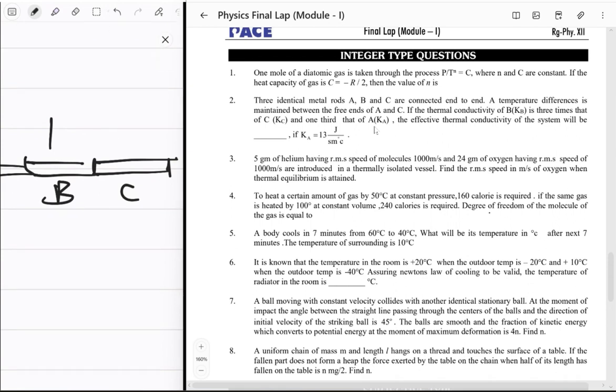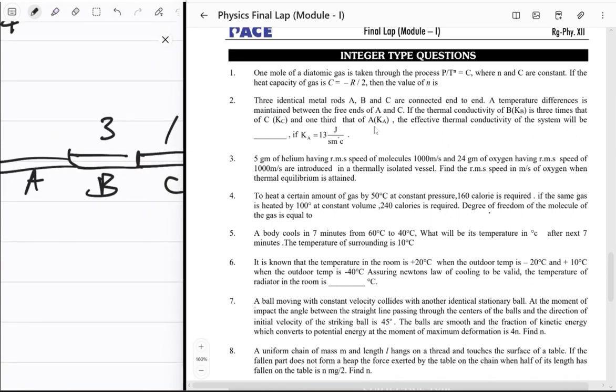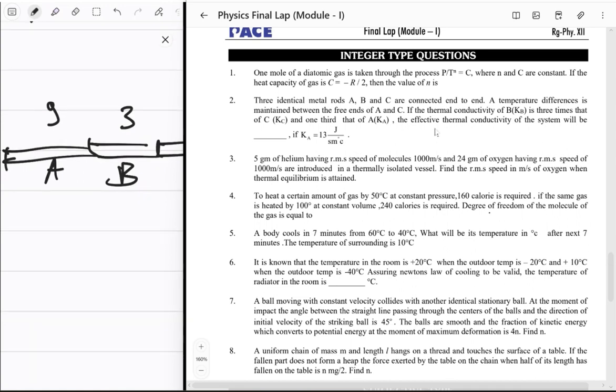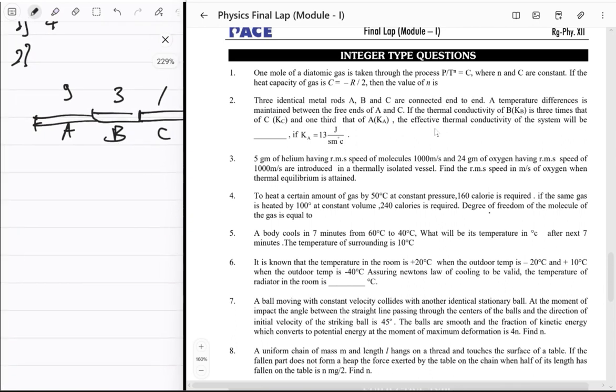3 times of that, right? So this is 3, this is 1, and it's just 1/3 of that one. So A's K will also be 3 times, right? Which is just 9. So this is the ratio. Okay. The effective thermal conductivity of the system will be, right? So heat flow and so on. Suppose heat flow is H, right?